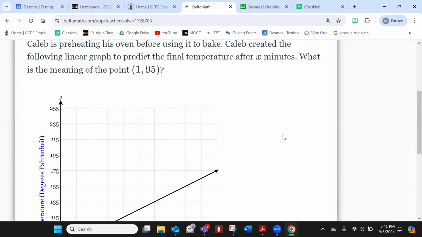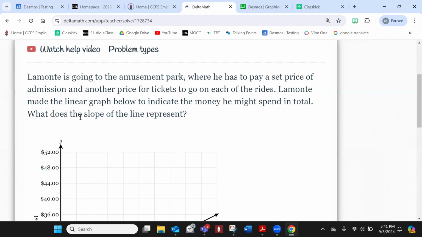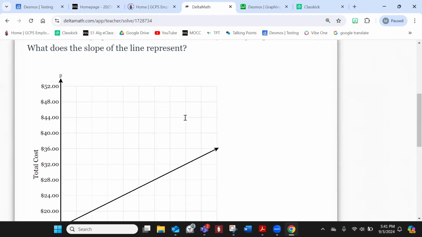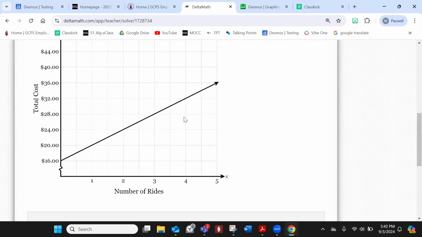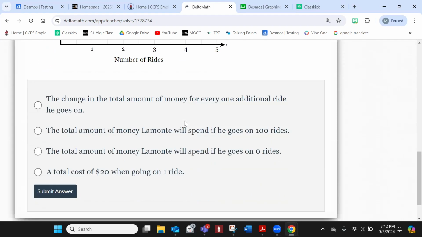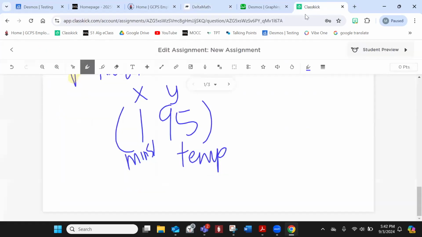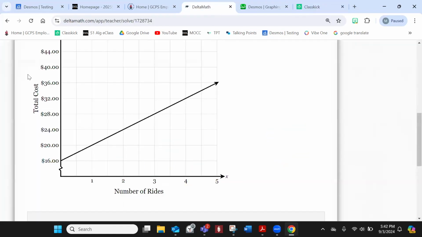All right, I'm gonna do another one. Okay, let's look at this one. What does the slope represent? Okay, so in order to know what the slope represents, now you kind of got to think about it. The slope is y over x. Let's go look at what the y represents. The y represents the total cost.